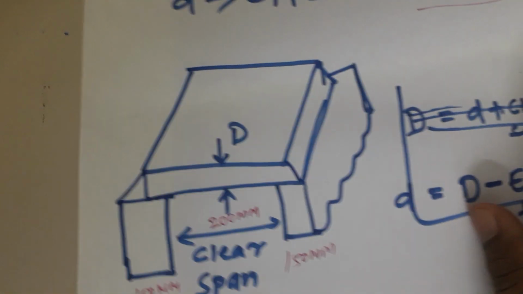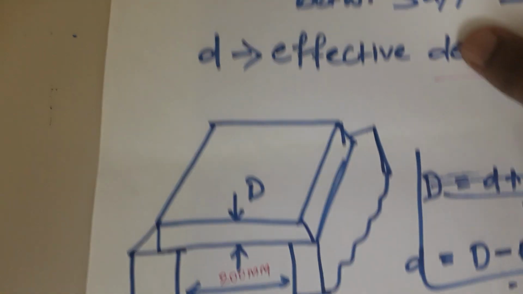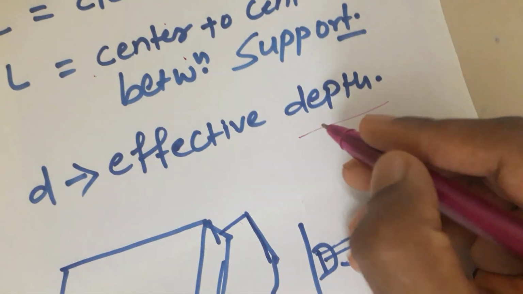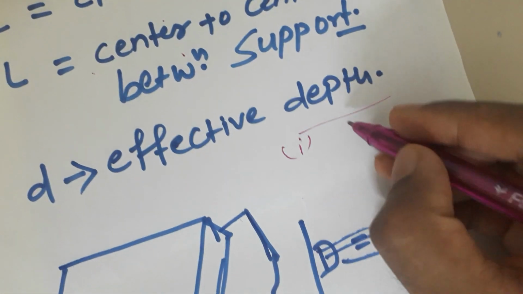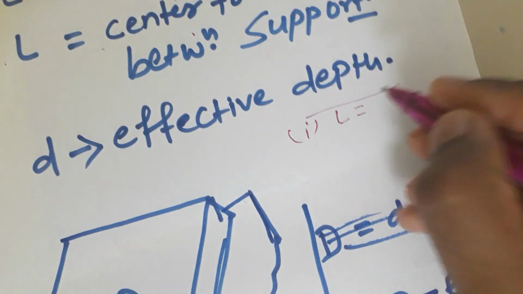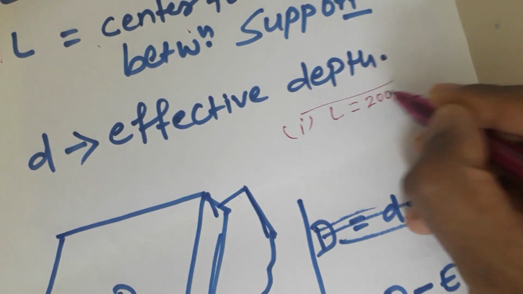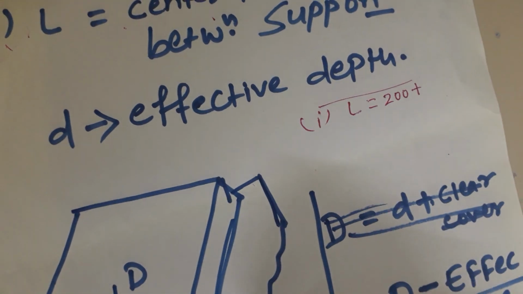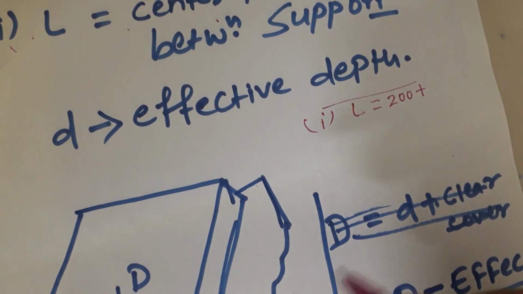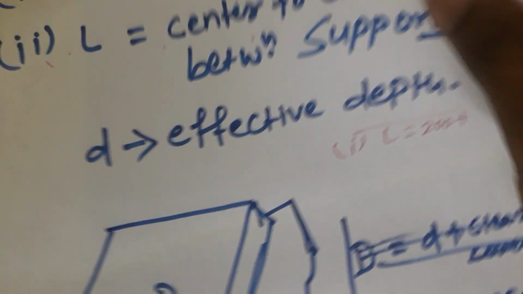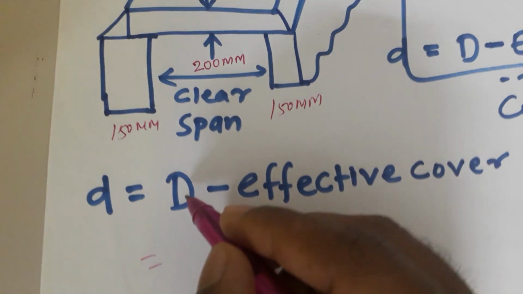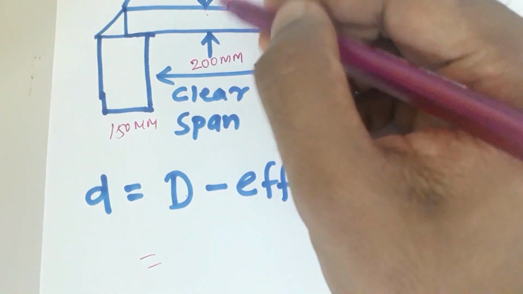Then the effective span by condition 1 is clear span plus D. The clear span is 200 mm plus D, and D is calculated from the overall depth of slab.